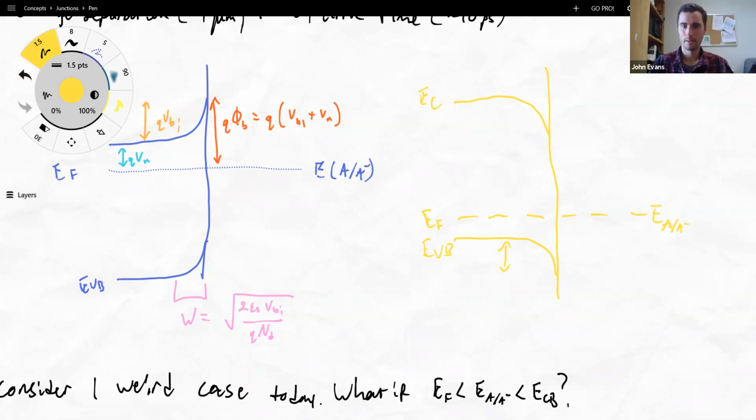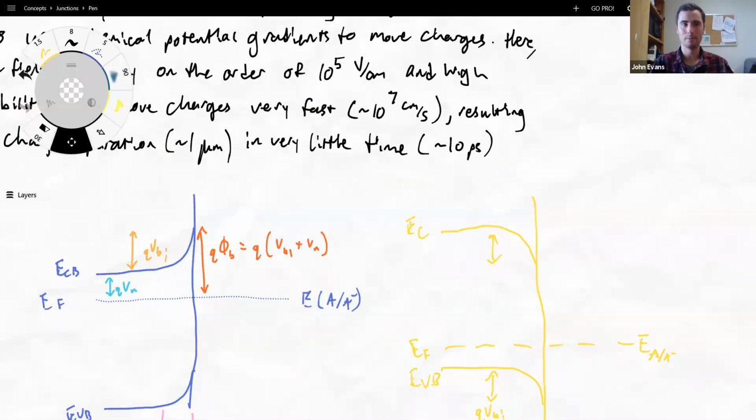And now our QVBI is down here, right? Or equivalently up here, makes no difference. And this time, if this was, say, a metal, so now we have our vacuum level, which is going to increase like this, so that our affinity is always the same.